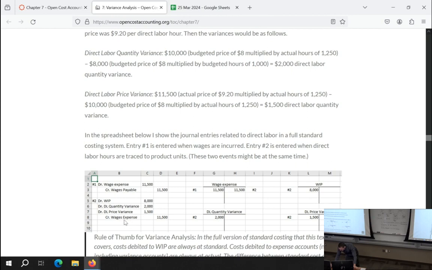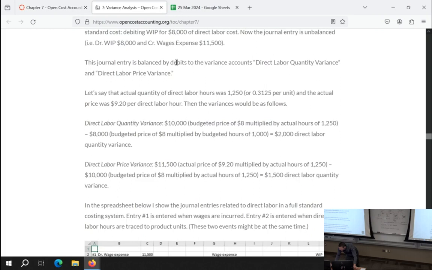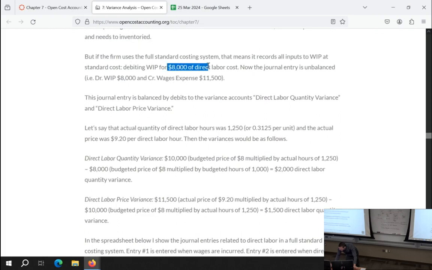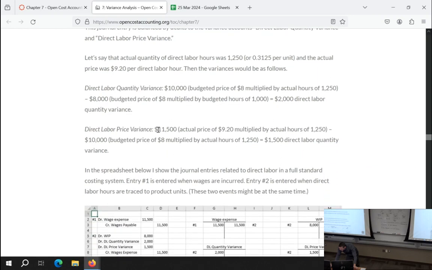That doesn't happen in the question so much, but this is just standing in for the payable. We're debiting WIP at our standard amount, $8,000, which comes up right here. Debit WIP, $8,000. That's the standard in this example. Crediting actual at the actual amount, $11,500.